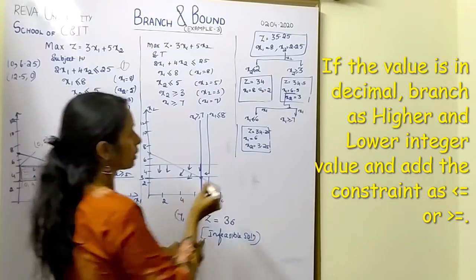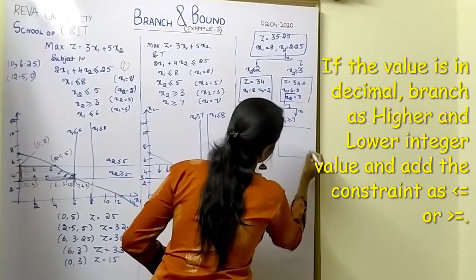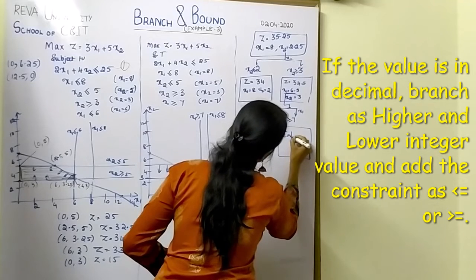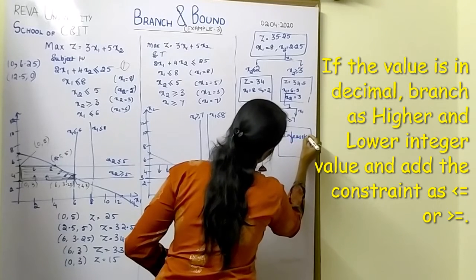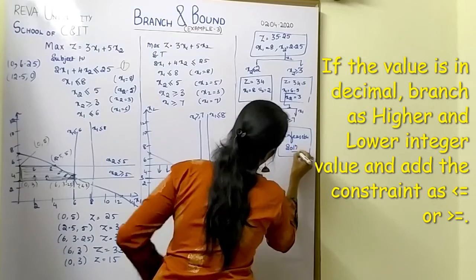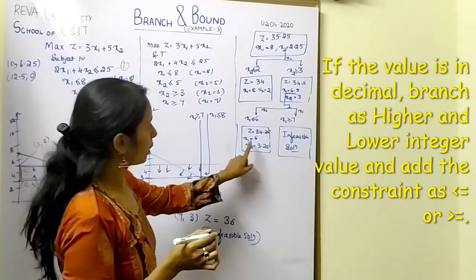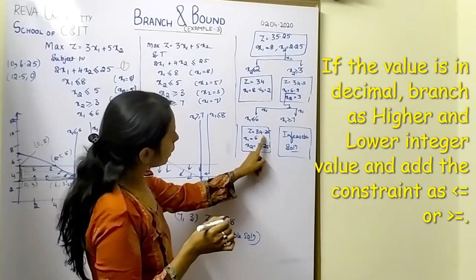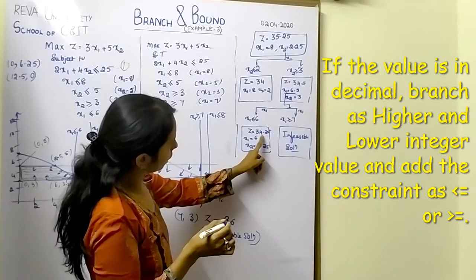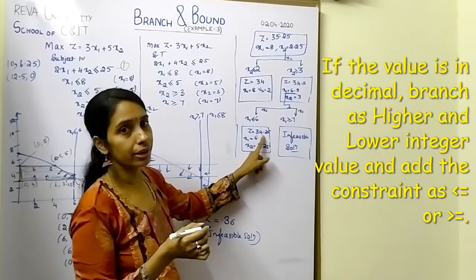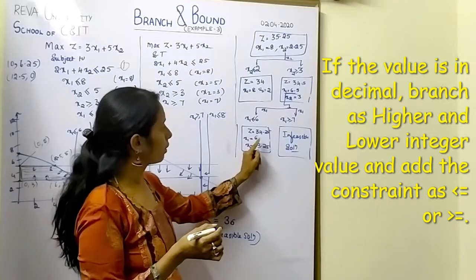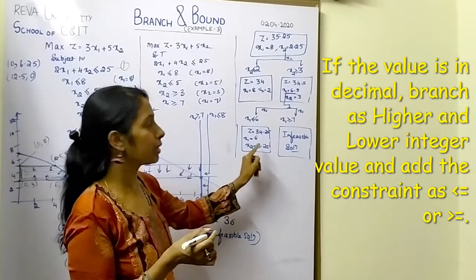If I consider this, it leads to an infeasible solution. Now, can I stop here? No. 34.25. Still, if I continue in this, I may get a better integer as well as the optimal solution.